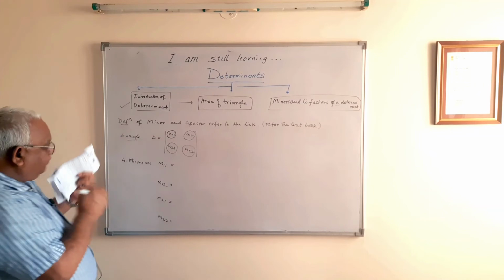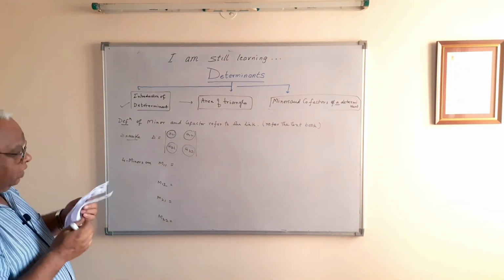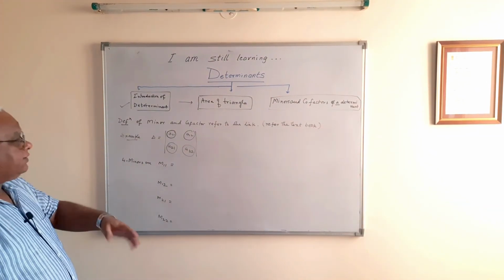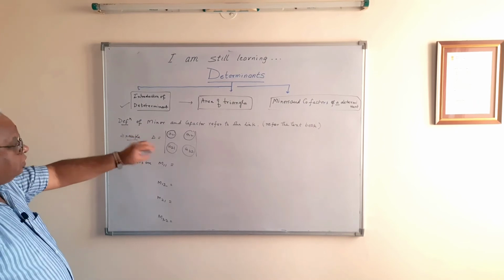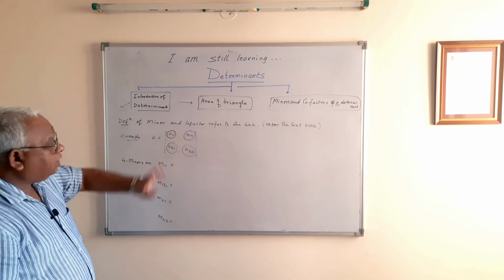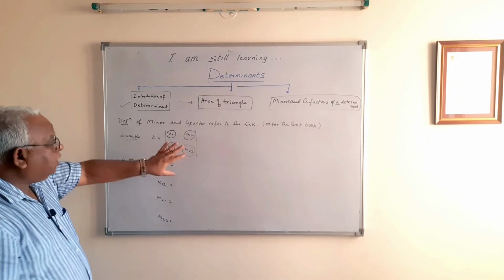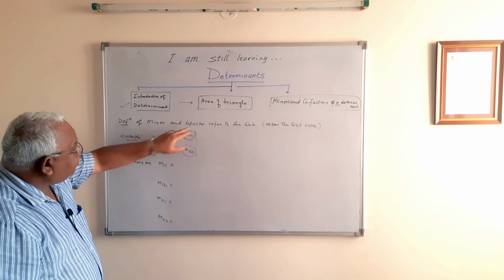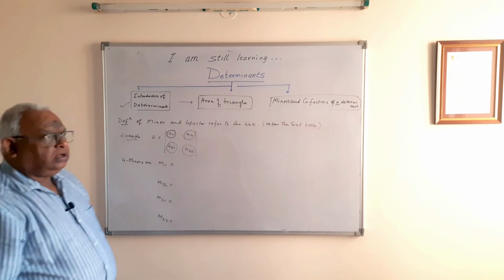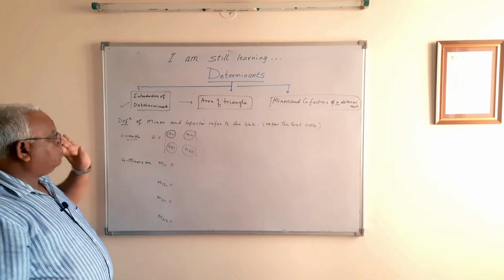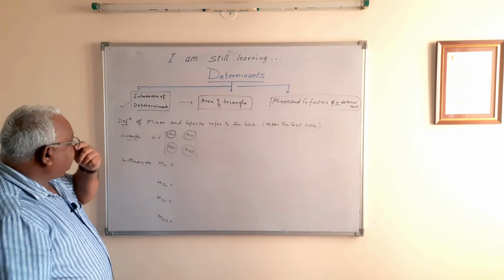Because you may not have that much time to read the complete textbook, I'm just telling you in short what is the meaning of minor and cofactor. When you are talking about a determinant, minor and cofactor, these two words are only related to determinant. They are not related to matrices, mind it. So what is the meaning of this?